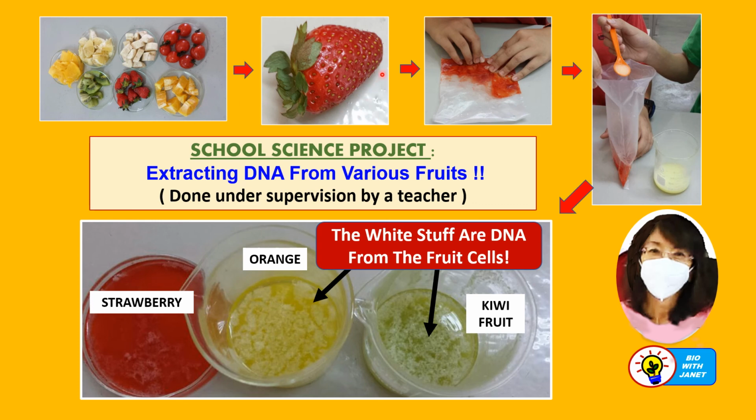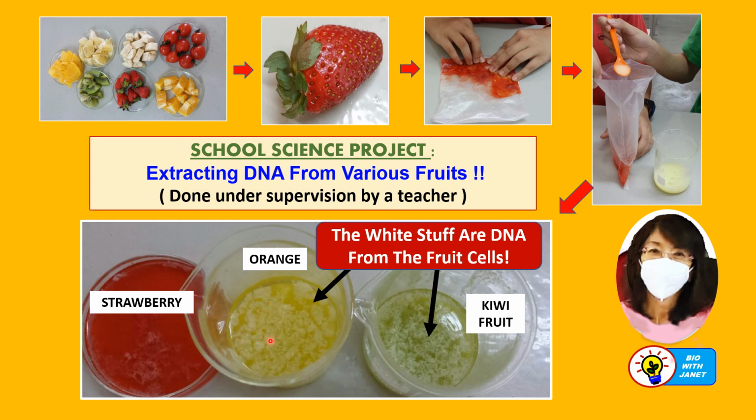For example, for strawberry, we can extract the DNA by mashing up the strawberry and adding certain chemicals. Now, all this must be done under supervision by a teacher, because it involves some chemicals. So by adding some chemicals and carrying out some processes, finally, when you leave the mashed fruits inside the petri dish or beakers, the DNA will start to emerge as white masses like this.